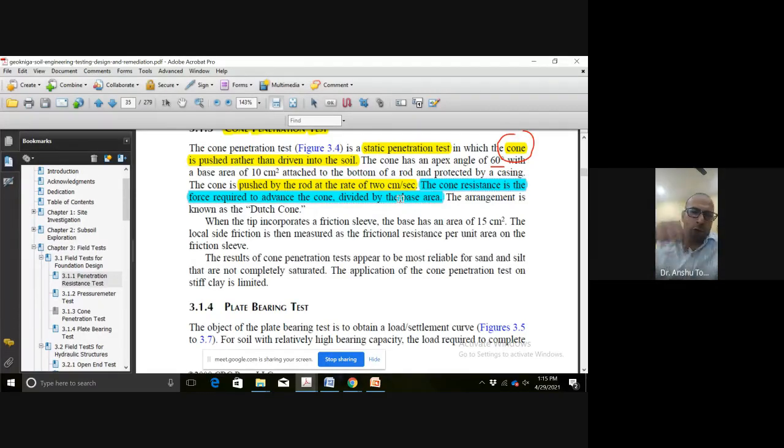So whatever force is coming into the instrument for the cone to advance, per meter length, or you can say per foot length, although it depends upon how much depth we want to go. Usually it is 10 to 20 meters for, let us say, pile foundation or any other kind of deep foundation.